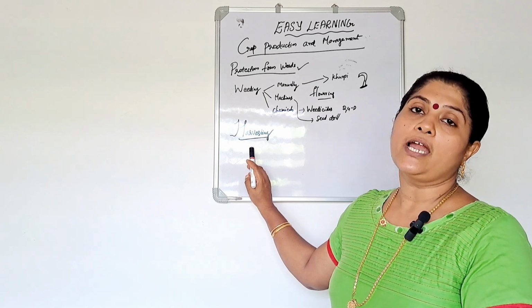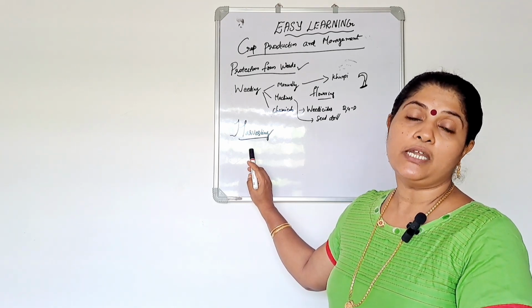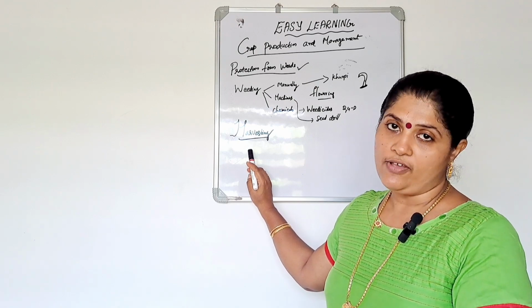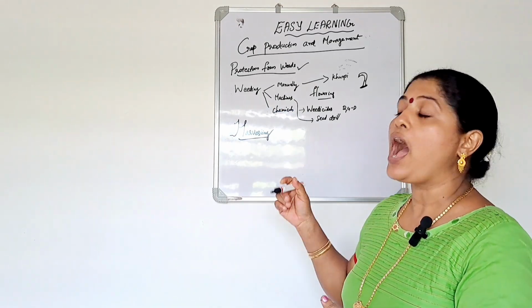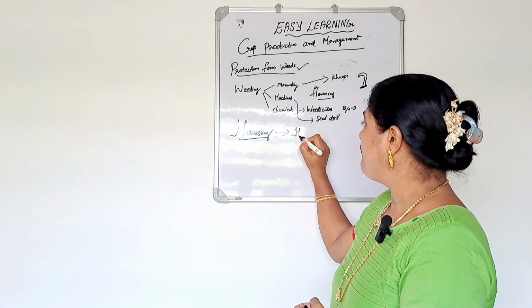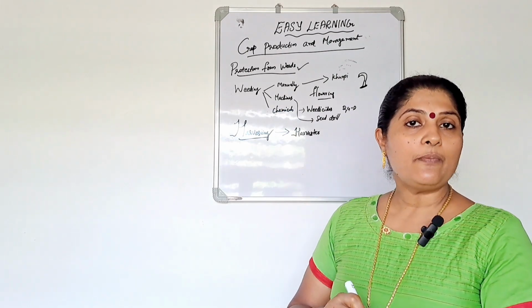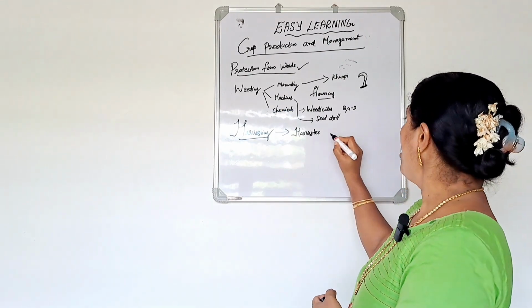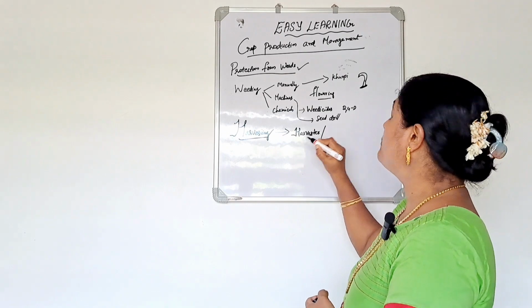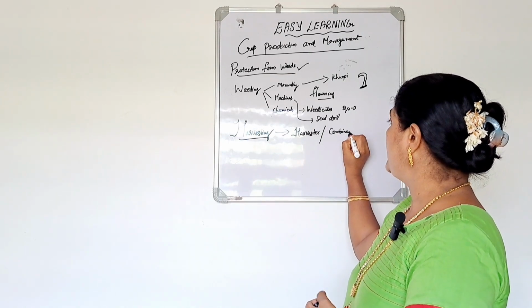This process of harvesting is done with the help of a harvester. Another implement which is used for harvesting is known as combine.